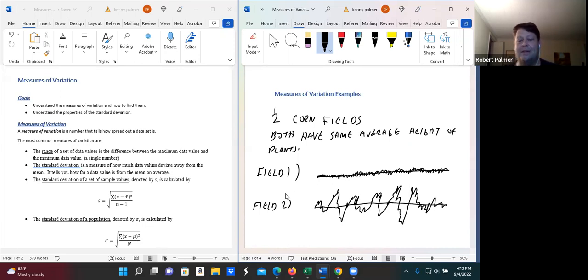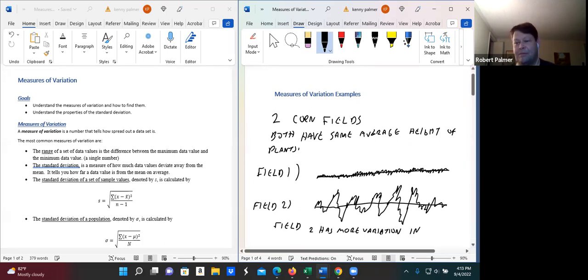What we'd say is that field 2 has a lot more variation in the heights of the plants.